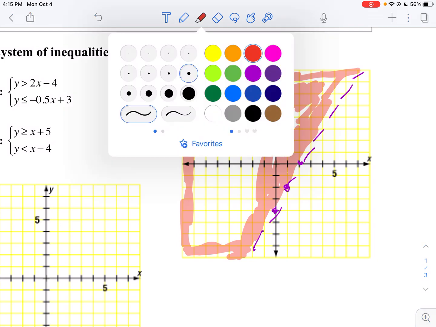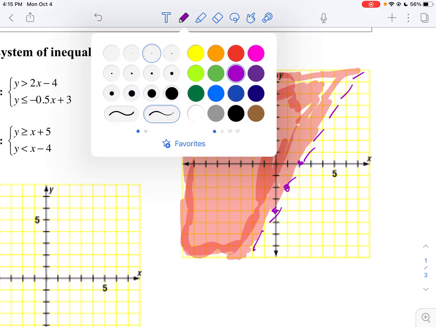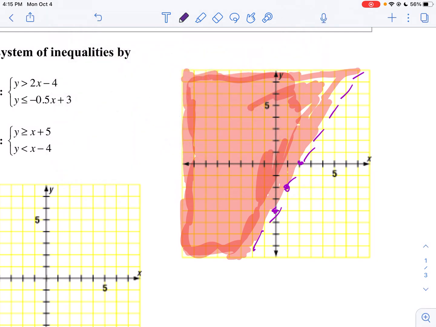Make that a little bit thicker so we can go a little bit faster. Okay, then I want to do my other inequality. My other inequality is y is negative 0.5x plus 3. So I notice my y-intercept is 3, so I'm going to go up 3.